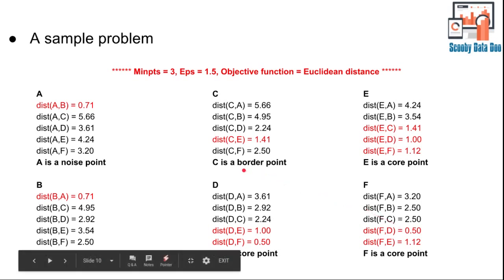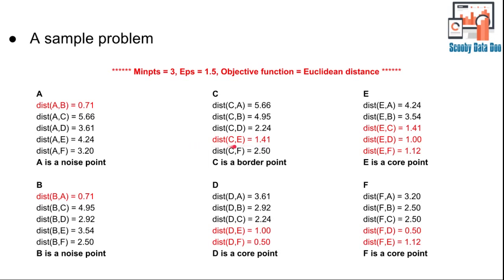Now let's go back to C. What is C doing here? C has shared neighborhood with E and with itself. So it's not a core point surely, because it does not have min PTS number of neighbors. But now we have to find out whether it's a border point or not.